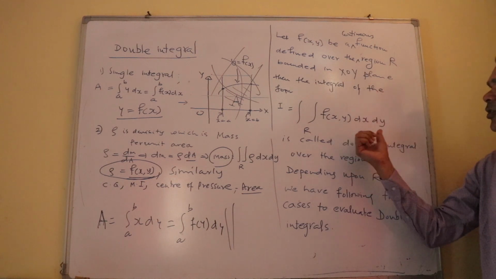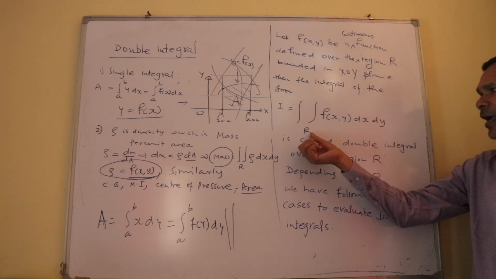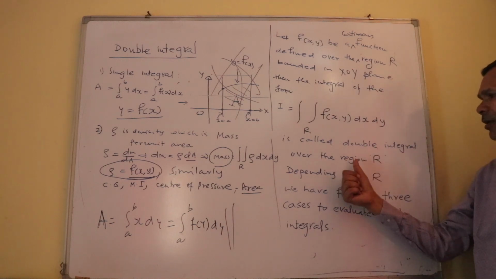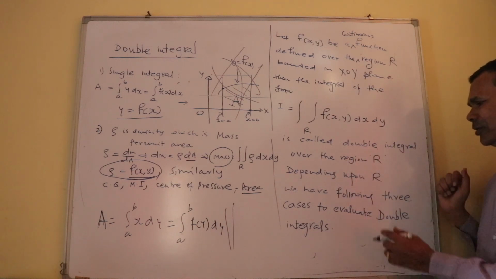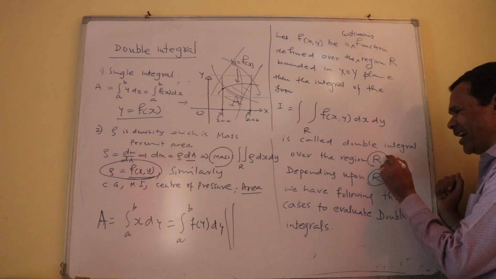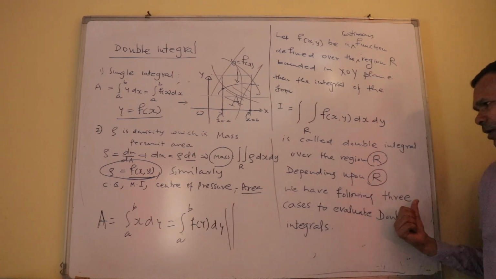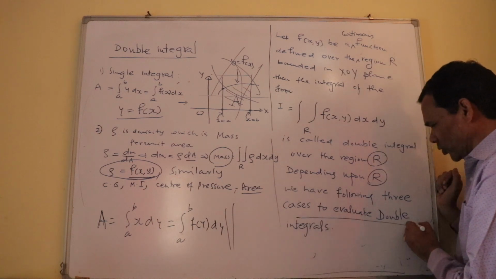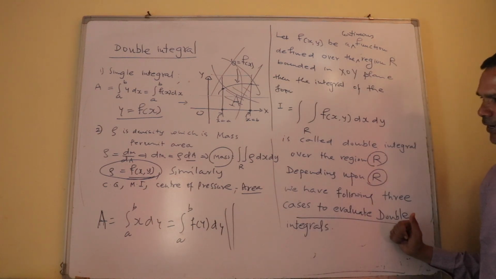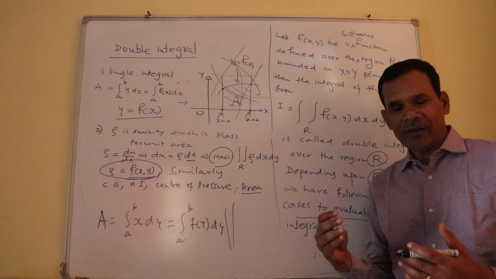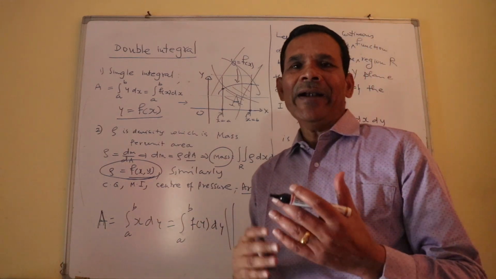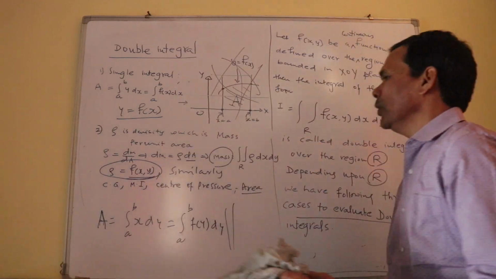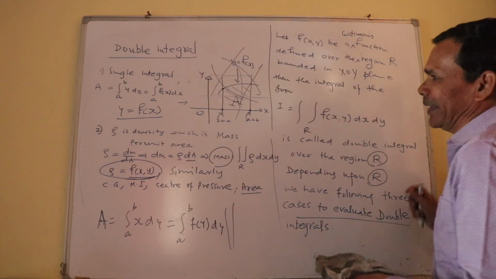Then the integral of this particular form, the double integral over R of f of x, y dx dy, is called the double integral over the region R. This domain R has three cases to discuss, depending upon the x variable boundary, the y variable boundary, and both having constant boundaries. So there are three cases to evaluate the double integration.